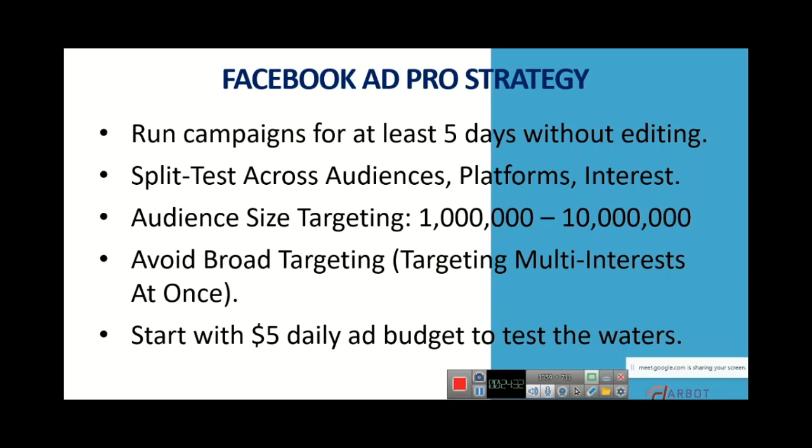Then you can create another ad targeting people interested in shoes and bags. That somebody bought shoes and bags before doesn't mean that person cannot buy clothes. So it doesn't necessarily have to be clothes. People that buy shoes and bags are the same set of people that will buy clothes online. So it doesn't necessarily mean you have to target people in that particular niche you want to sell.